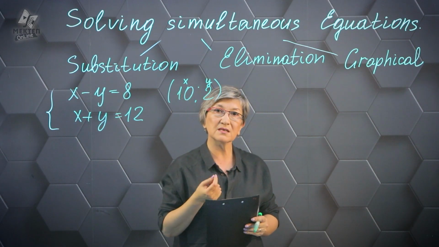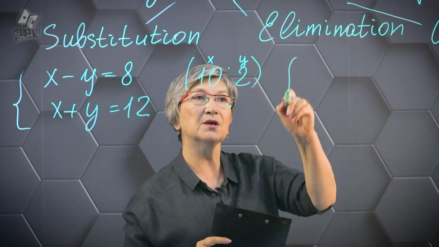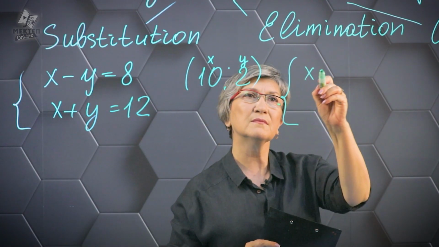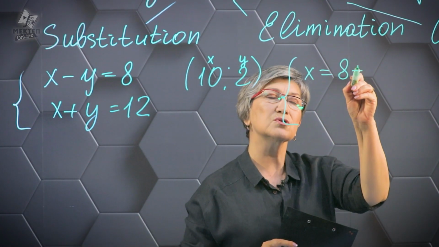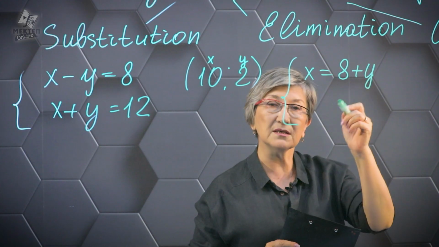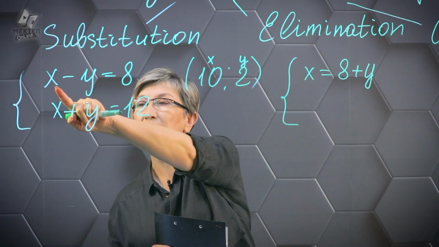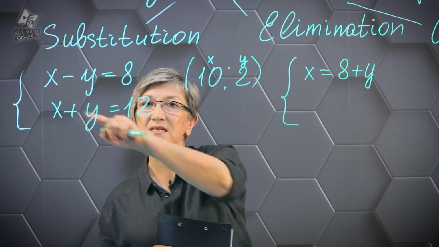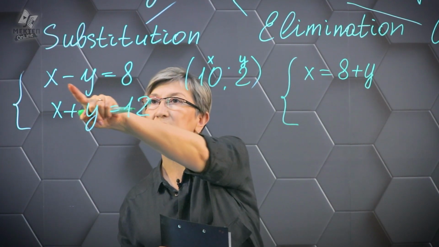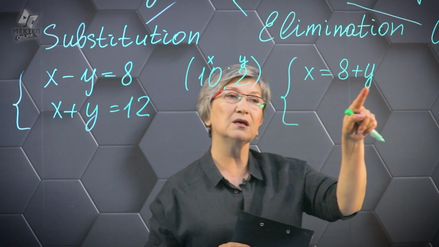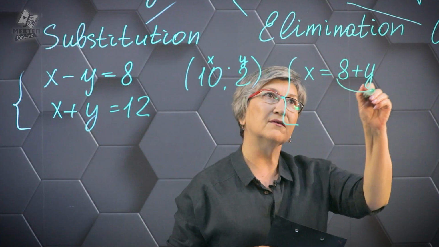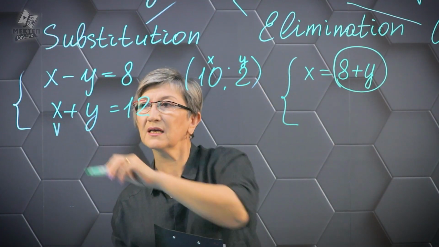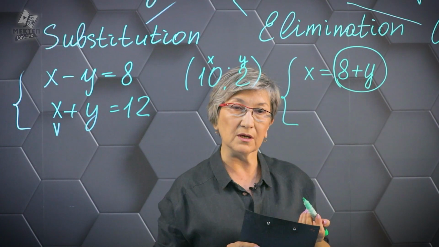So let's write down the variable x from the first equation. So what I've got here is x equals 8 plus y. Notice from the first equation I wrote down what x equals. Since x equals 8 plus y, that's the expression I will substitute for x in the second equation.